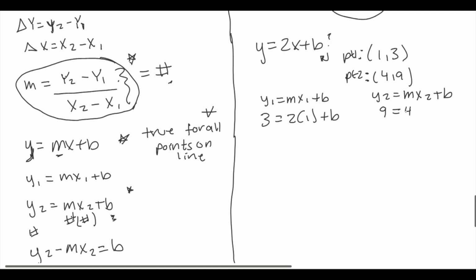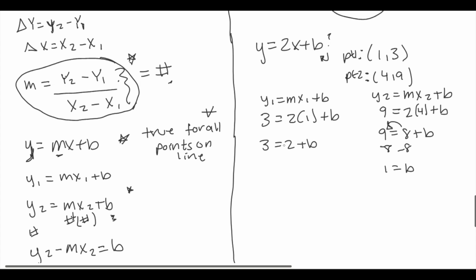To do 2 times 4 plus b. So then we have 3 equals 2 plus b. 9 equals 8 plus b. We can move this 8 over by subtracting from both sides. We see 1 is equal to b. By the same, we can group these numbers together by subtracting on both sides.